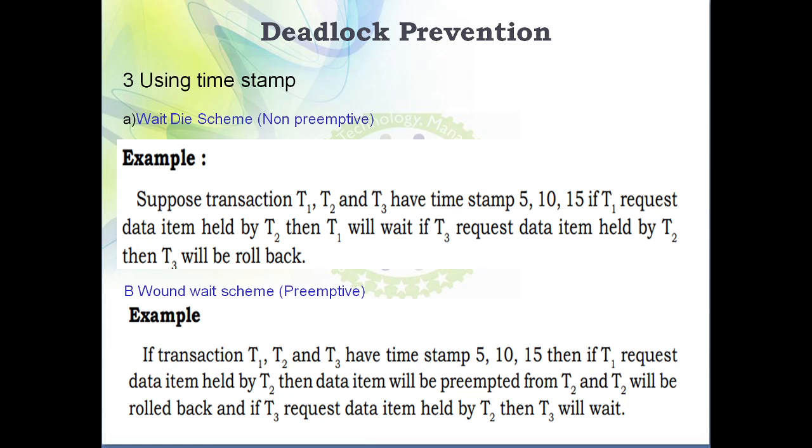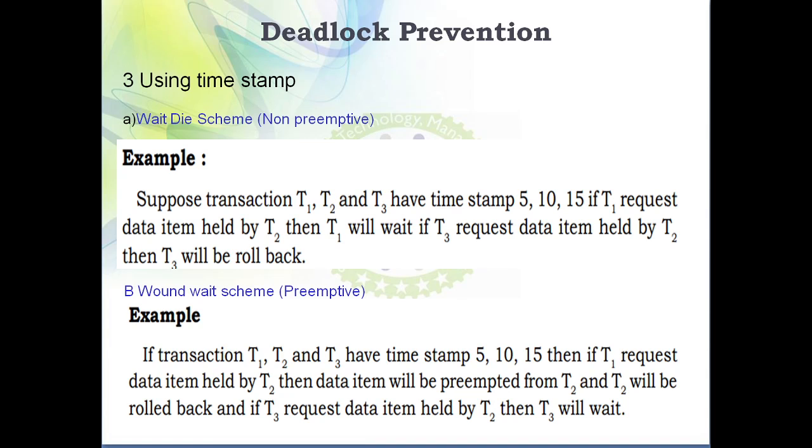Then the second scheme based on timestamp is the wound-wait scheme, where you can take the same example, transactions T1, T2 and T3 with timestamps 5, 10 and 15. In that case the scenario is different. It is preemptive in nature. If T1 is requesting a data item held by T2, then the data item will be preempted from T2, that is the wound.